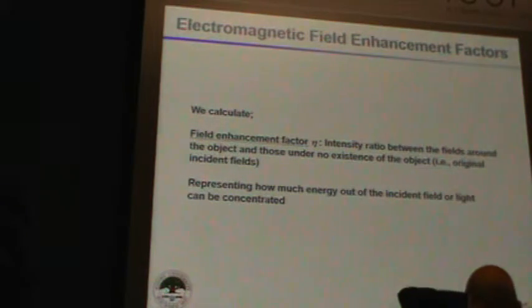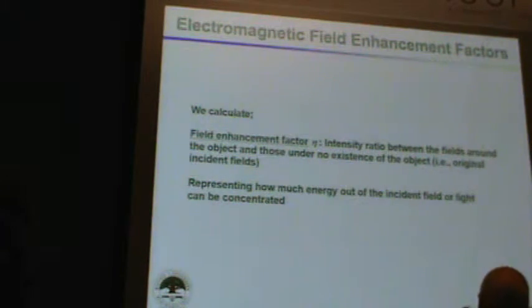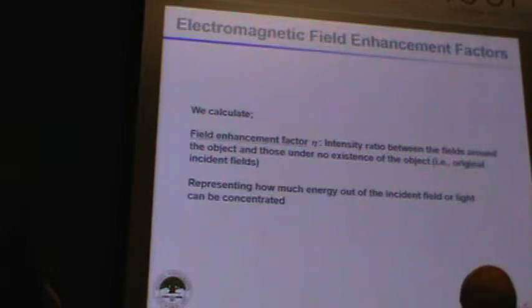The field enhancement factor is defined as the intensity ratio between the field around an object and that under no existence of such an object or metal nanoparticles. So we can know how much energy is enhanced by the existence of metallic nanoparticles or such substance.